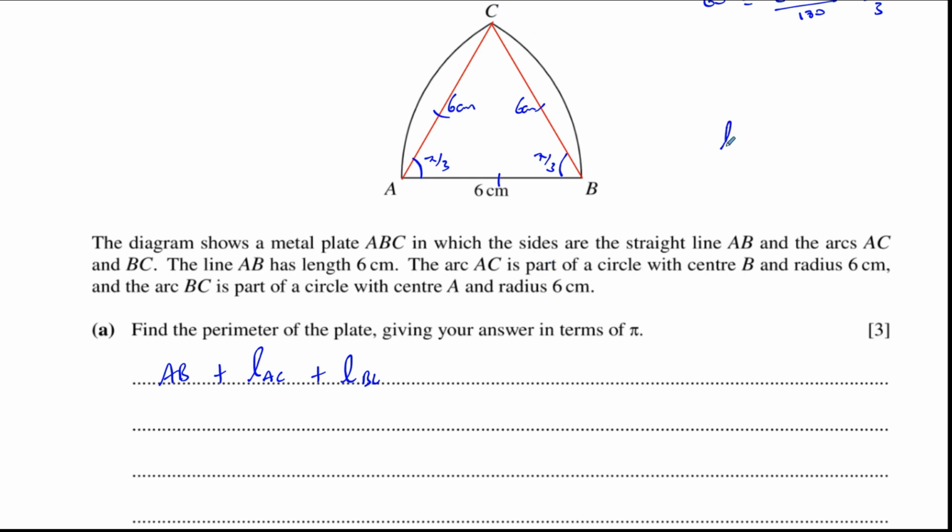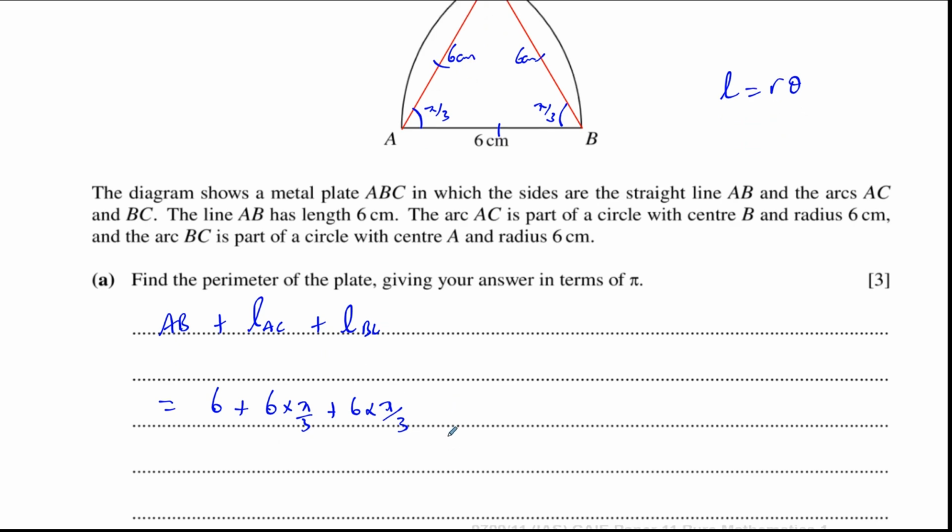And we know that the length of an arc is given by the formula, when we're dealing with radians, r times theta, where theta is in radians. So the perimeter of the plate is going to be AB, which is 6, plus r, which is 6, times pi over 3, plus another 6 times pi over 3. Both arcs are the same length.